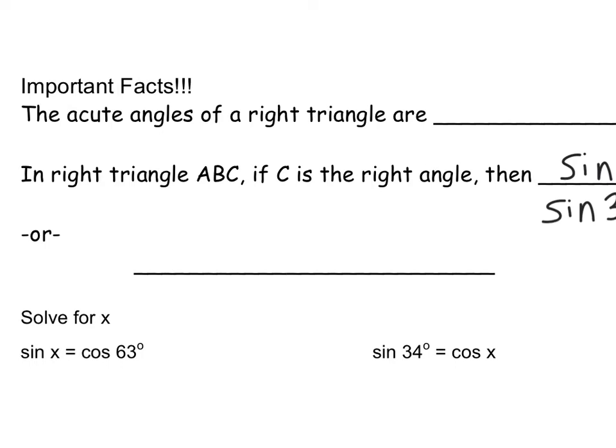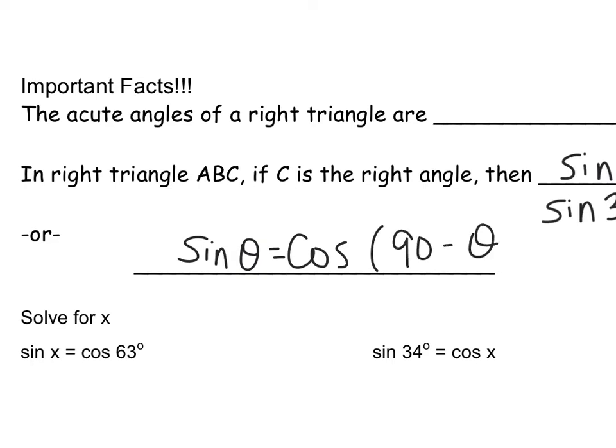It's basically just saying, and this actually pops up in part 1, sine of theta is equal to cosine of 90 minus theta. That's another way of looking at it. You just want to find out which two angles will add up to 90 degrees. All right?